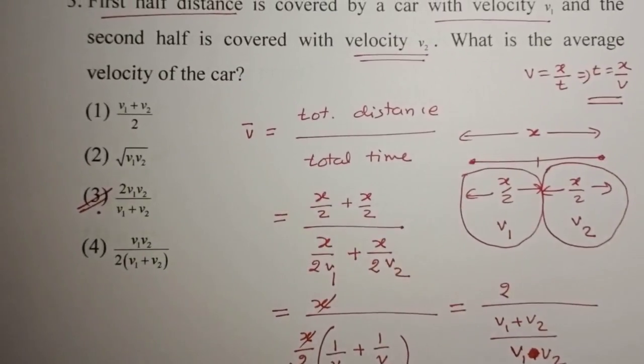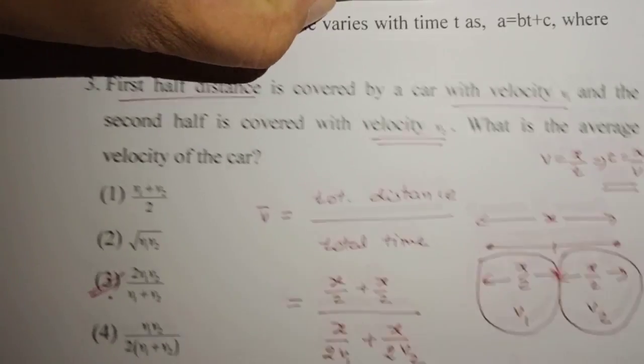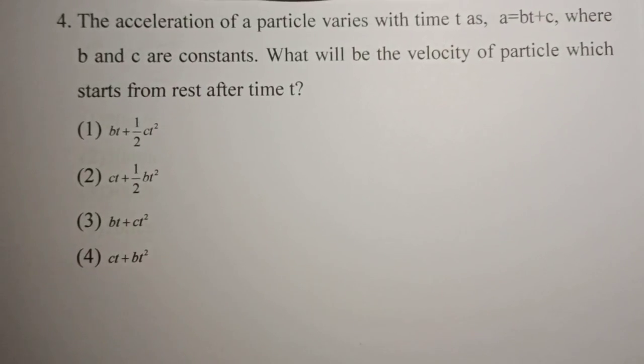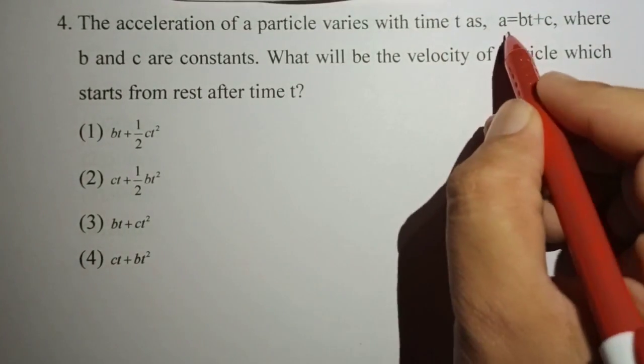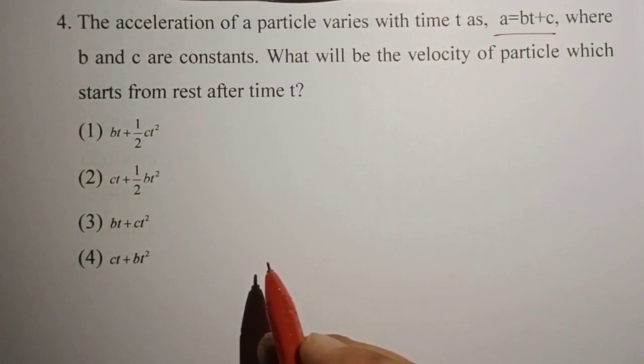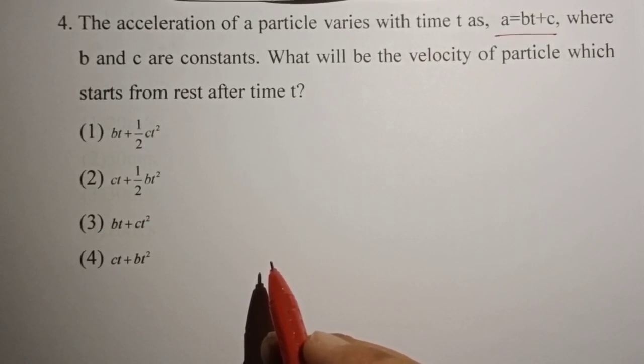Now we will go to the next question, question number 4. The acceleration of a particle varies with time t as a is equal to bt plus c, where b and c are constants. What will be the velocity of the particle, which starts from rest, after time t?